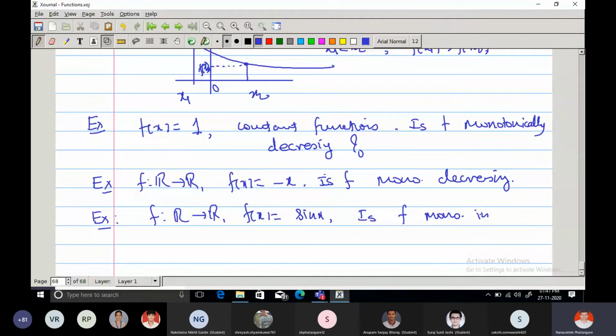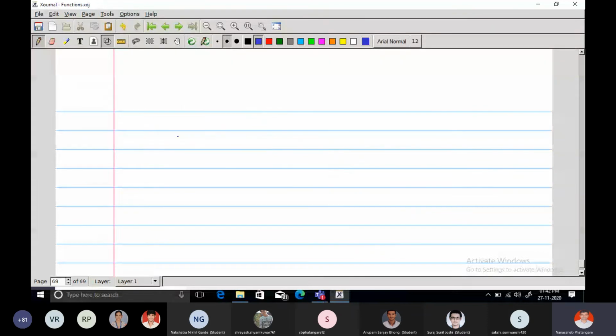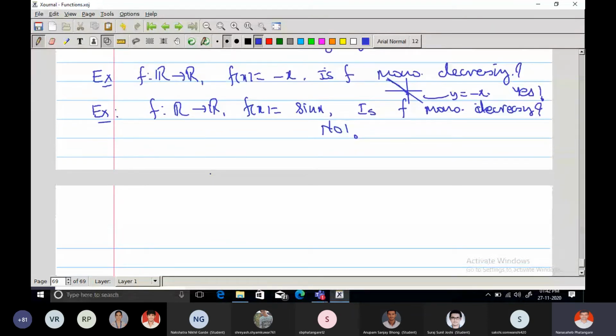This line, correct? What about sin x? Not decreasing.